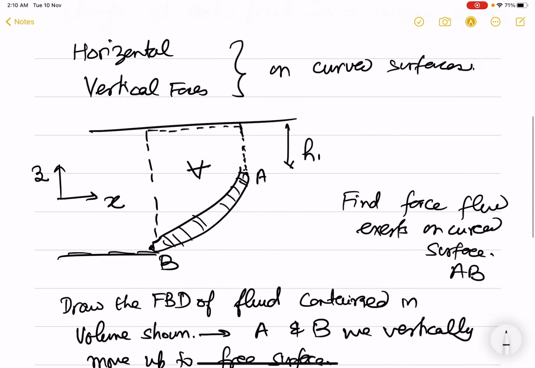Now note, it is possible that the fluid may not actually be present here depending on the configuration in which this body is, but we notionally go up to the free surface and we choose this volume.